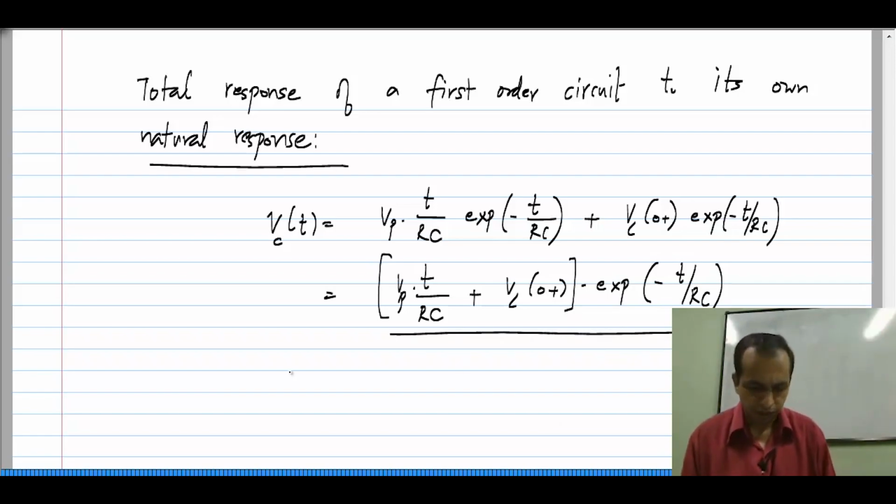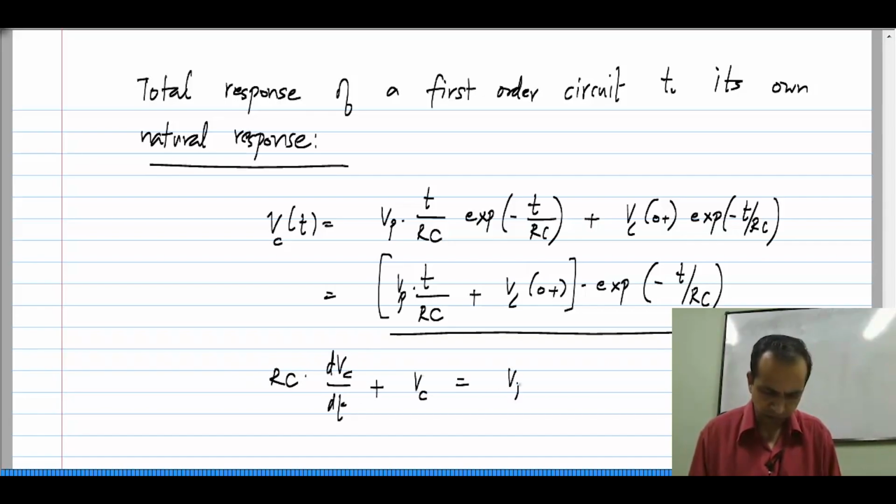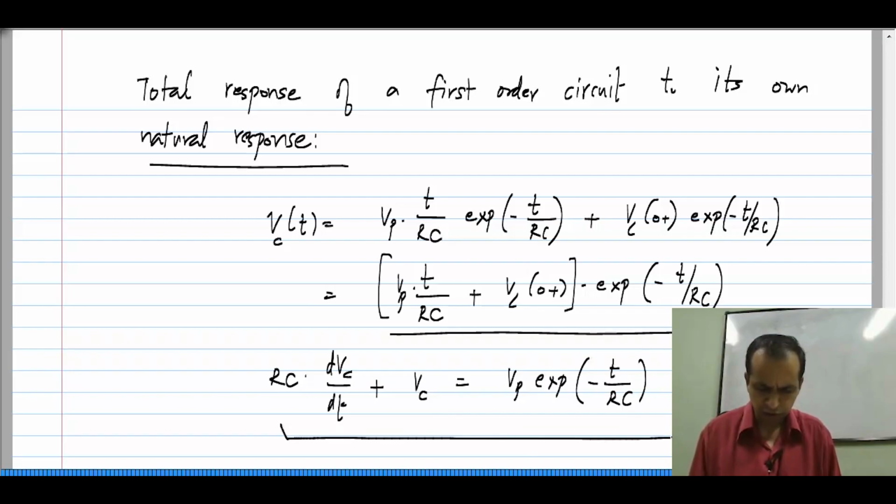This is for a differential equation, which is this. You can also evaluate this for other differential equations where different terms are scaled differently.